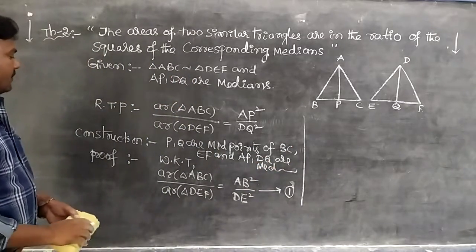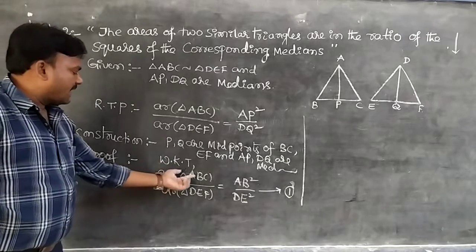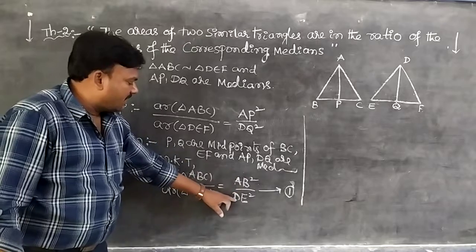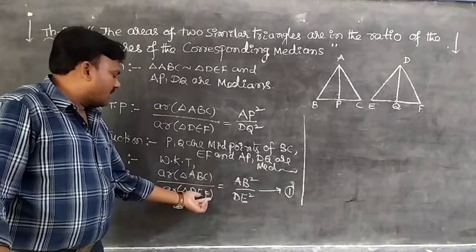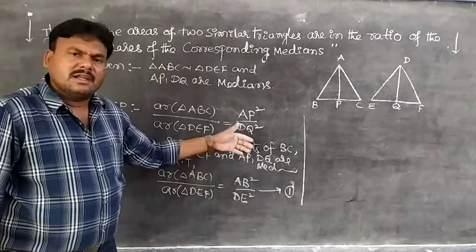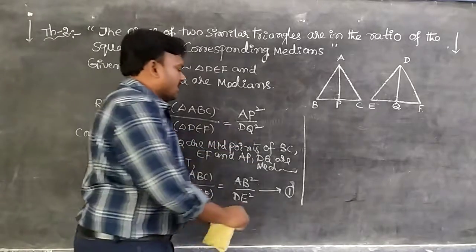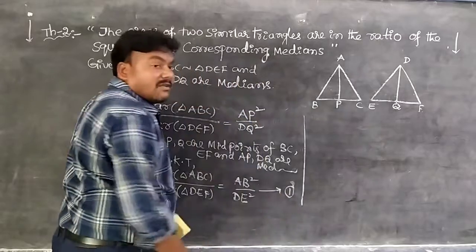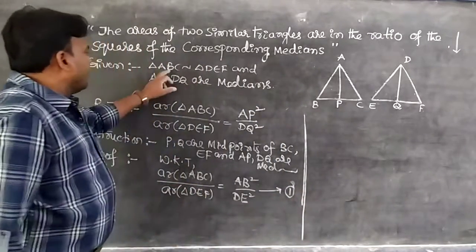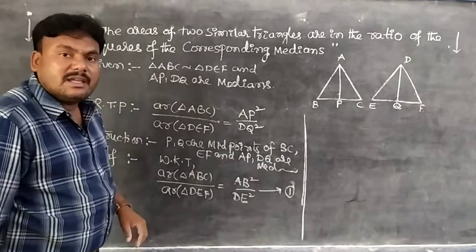And coming to the proof, we know that as usual, area of triangle ABC by area of triangle DEF equals AB square by DE square, or BC square by EF square, and AC square by DF square. You can take any one, it is right. So let me consider this as equation number 1. And for the second one, observe, it is already given that triangle ABC is similar to triangle DEF.